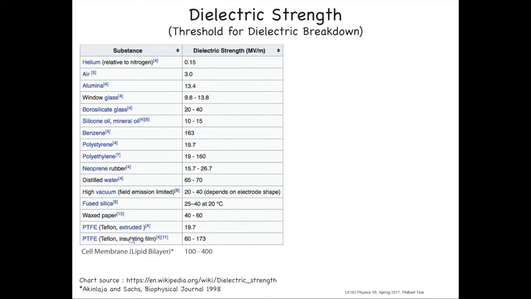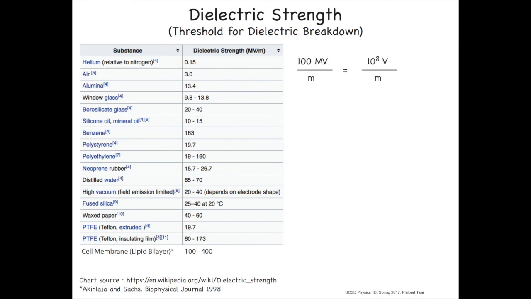An interesting note is that for cell membrane, studies have shown that the dielectric strength is on the order of 100 megavolts per meter. You notice that this is in the units of an electric field, volts per meter. So this is the maximum electric field that can be placed across, in this case, a cell membrane before that cell membrane will break down and start to conduct.